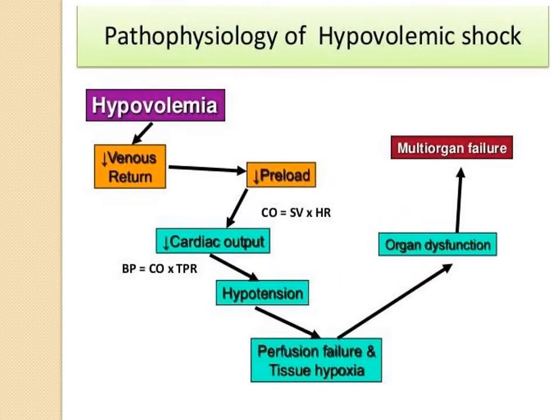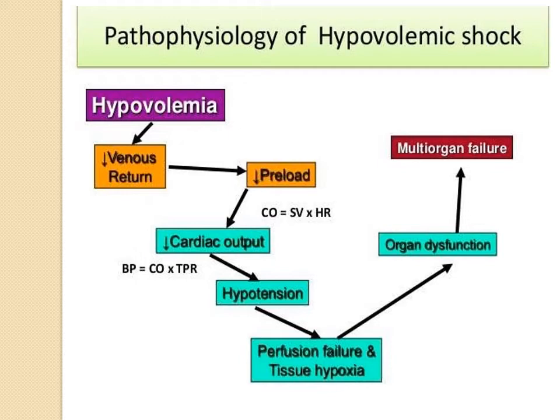Then come to the next point, that is the pathophysiology of hypovolemic shock. Here hypovolemia is responsible for the decrease in venous return, which is further responsible for the decrease in preload.